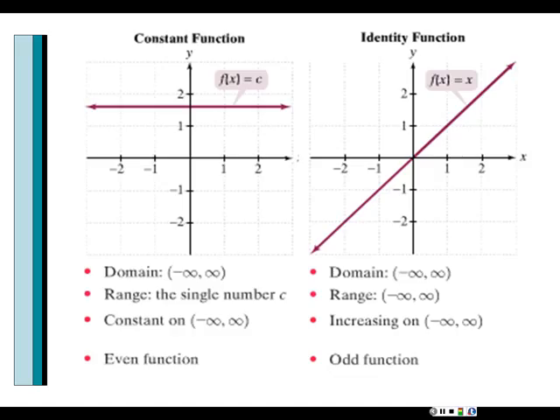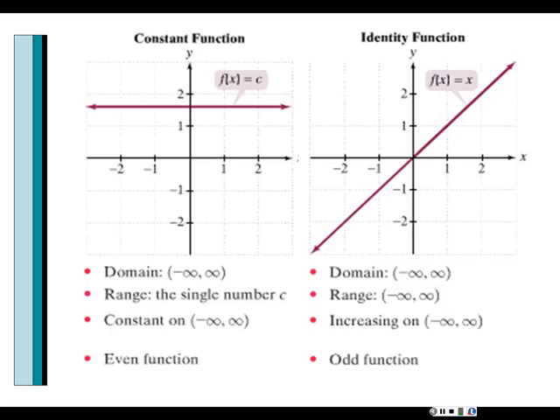At the same time, this is an even function. What is the definition of an even function? We tried to understand the even function, and there are a couple of different ways you can understand it. The first one: an even function is symmetric about the y-axis, so both sides of y will be similar.